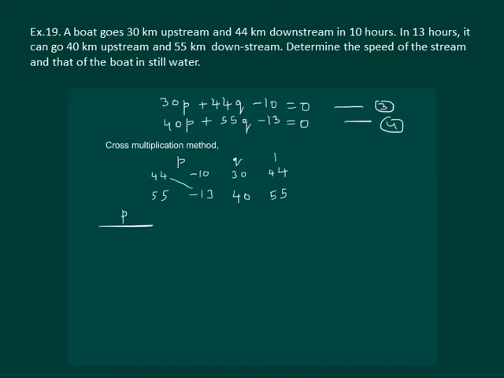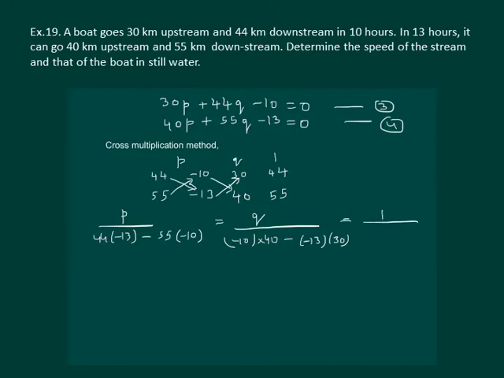This gives us 44 into minus 13 minus 55 into minus 10 equal to minus 10 into 40 minus 13 into 30 equal to 1 by 30 into 55 minus 40 into 44.